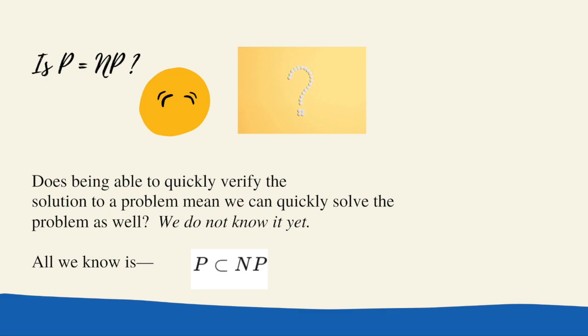If we can verify a solution quickly, does it also imply that we can solve the problem? So that is the question of P versus NP in a nutshell.